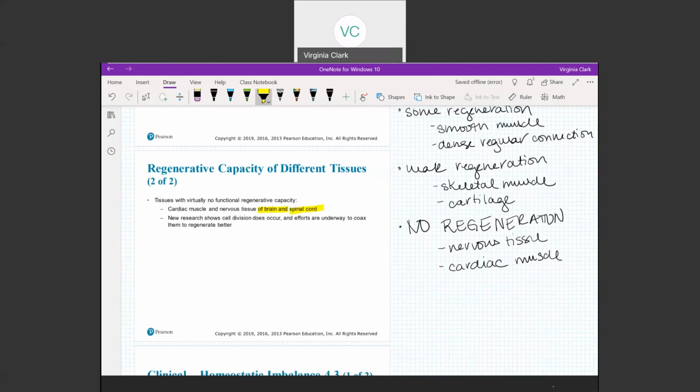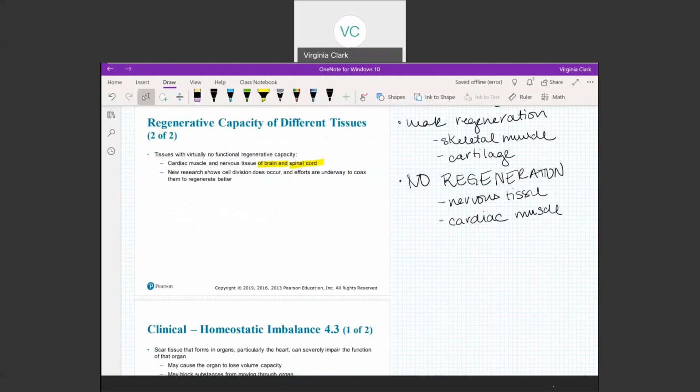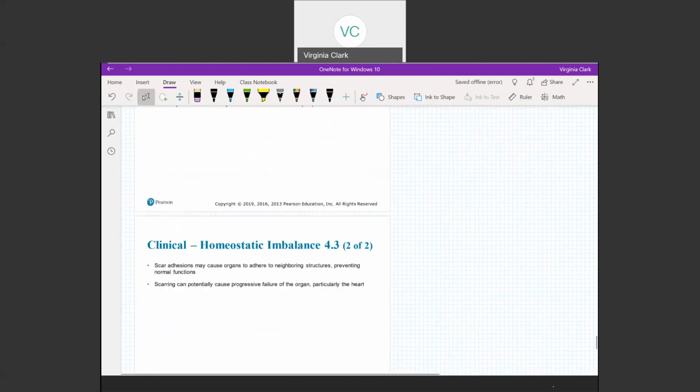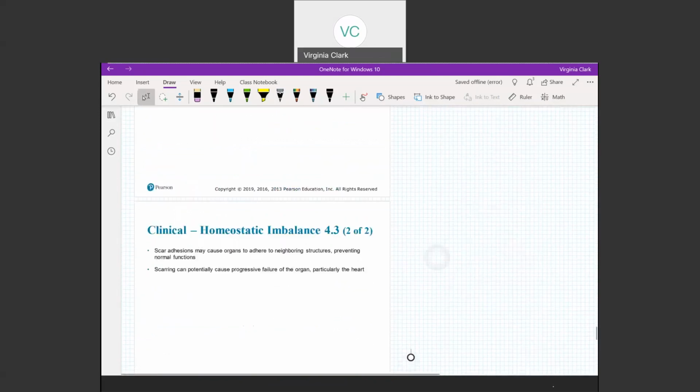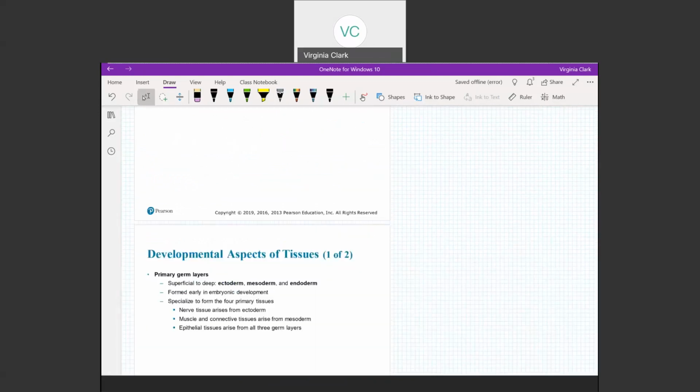With a heart attack, you can damage your heart cells and your cardiac muscle cells, but you may not ever really be able to regenerate and heal those types of cells. Those are big clinical implications for those two types of cells that do not have the ability to regenerate. And that is where we're going to end chapter 4, part 2.